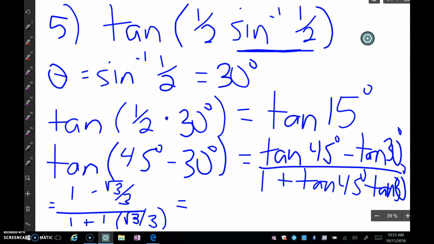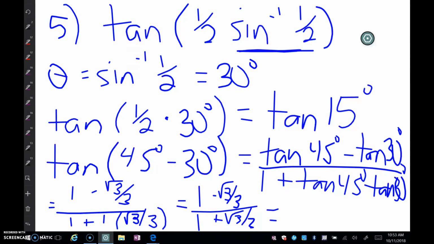And I get 1 minus the square root of 3/3 over 1 plus the square root of 3/3. If I multiply everything through by 3 to try to get it to look nicer, my final answer is 3 minus the square root of 3 over 3 plus the square root of 3.